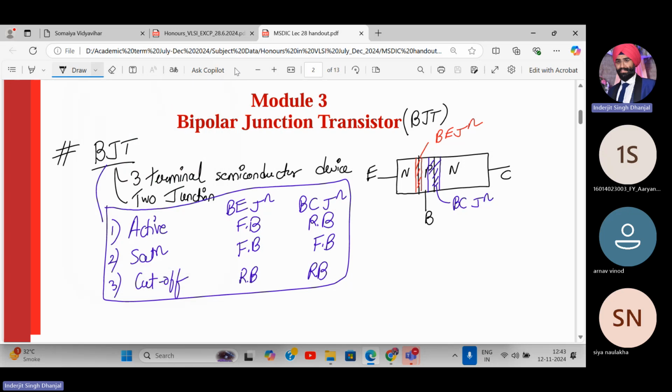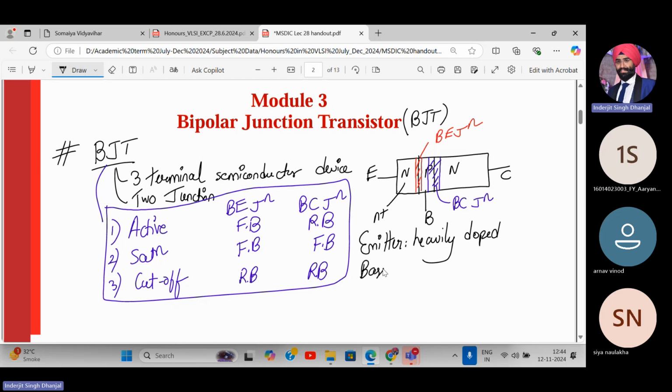Now, what is so special about the base, emitter, and collector? Out of these, the emitter is heavily doped. It is made up of N plus, so we can write: emitter is heavily doped, that is a high concentration of ND. If it is an NPN transistor, it is heavily doped so that it can inject a large number of charge carriers into the base.